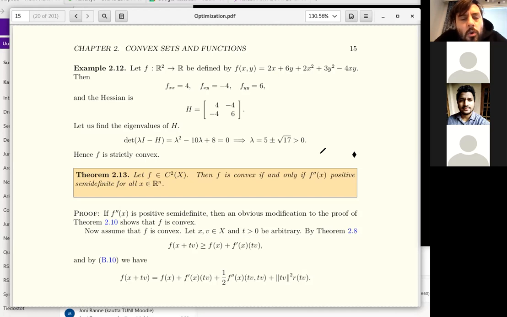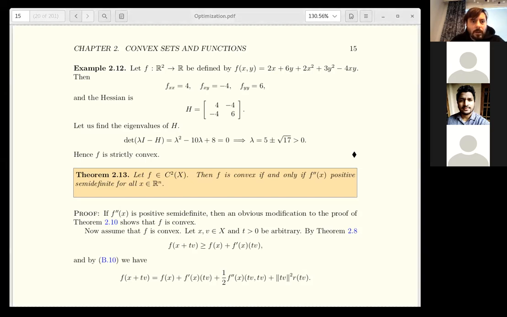The way you can calculate whether it's positive definite is you find the eigenvalues. We'll talk about this in the exercises a little bit. You can do this with MATLAB, and maybe I should show you how to do that. Just a second.